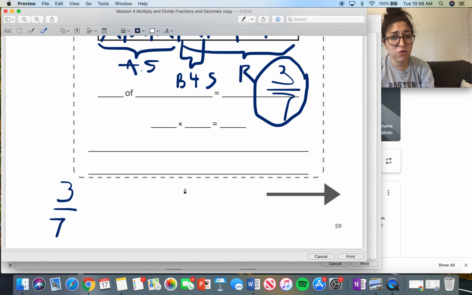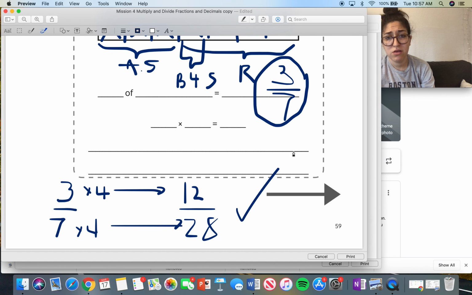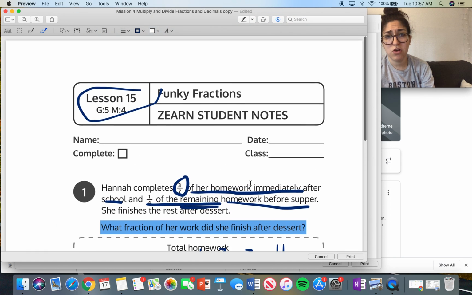Does that equal 12/28? Well, if I multiply this by 4, I will get 12. If I multiply this by 4, I will get 28. So that checks out. Awesome.